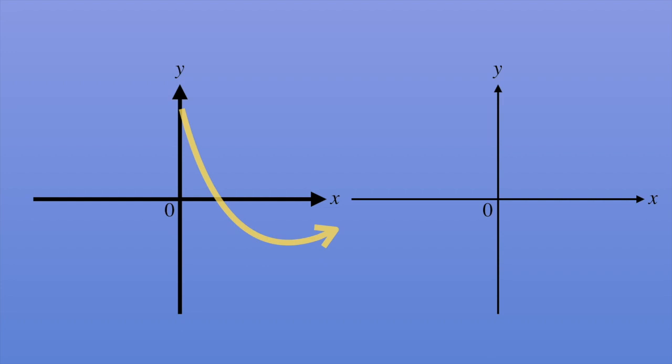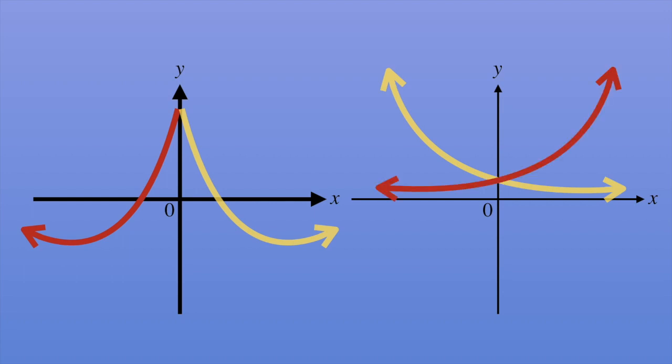If we flip that about the y-axis, what do we get? Great. Did you think about that? We get that shape. What about this one? What's that going to look like if we flip it about the y-axis? Think about it. What did you get? Did you get the same as me, the red graph?